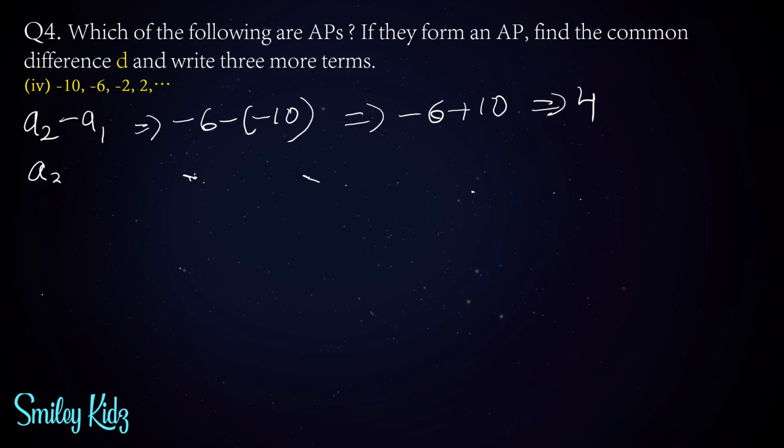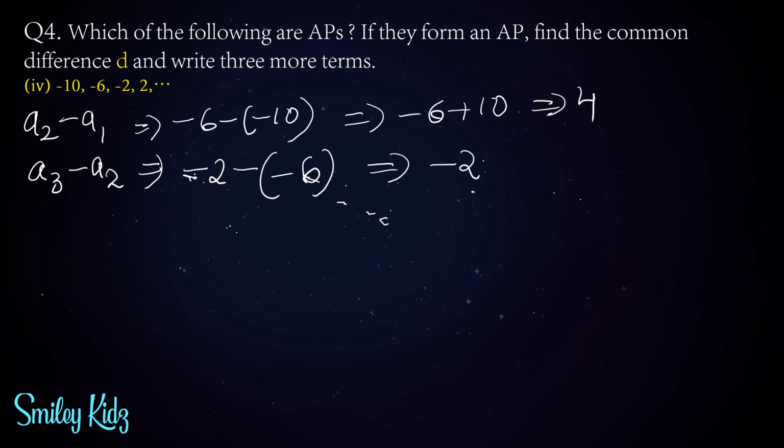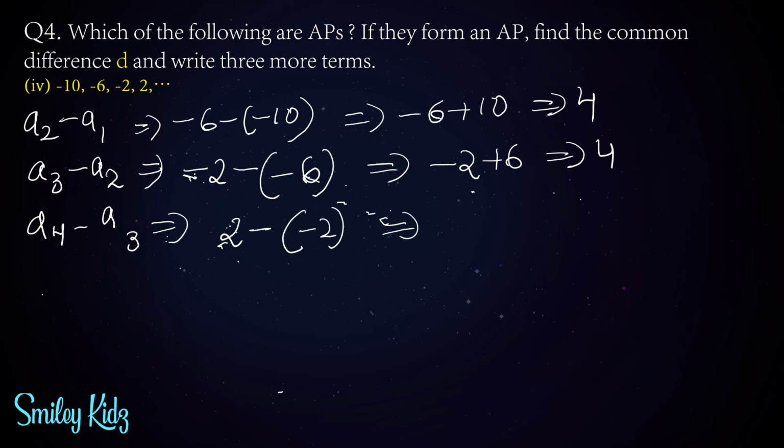Then A3 minus A2 is minus 2 minus of minus 6, which is basically minus 2 plus 6, which is again giving you 4. Then A4 minus A3 is equal to 2 minus of minus 2, which is basically 2 plus 2, which is again giving you 4.